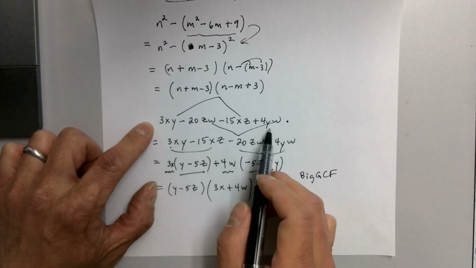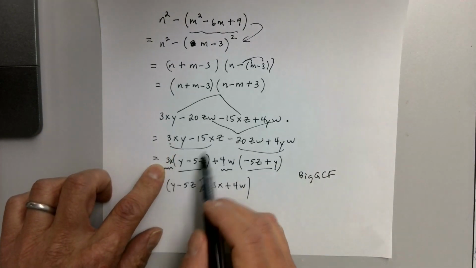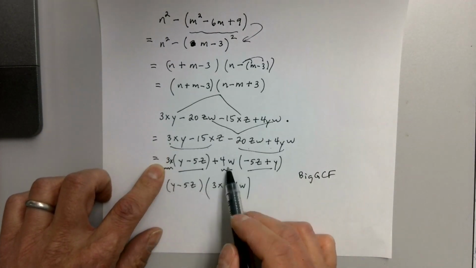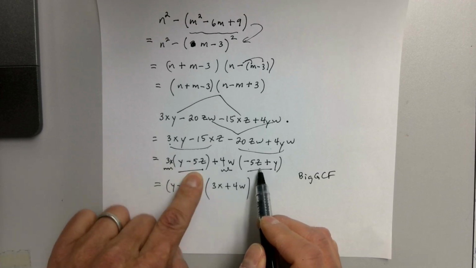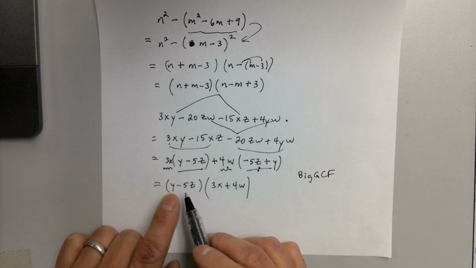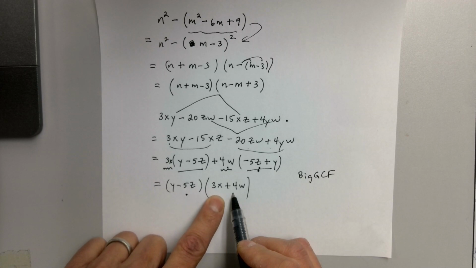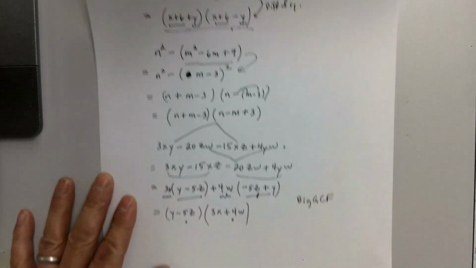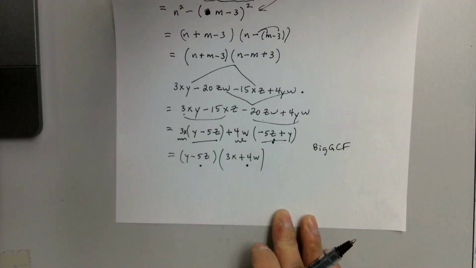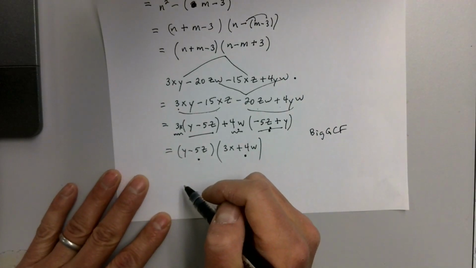So I rearranged the order, took out the GCFs from these two and from these two, and I came up with a leftover that was identical. So that's my big GCF. Here it is, big GCF, leftover. Okay, let's try another one like that.